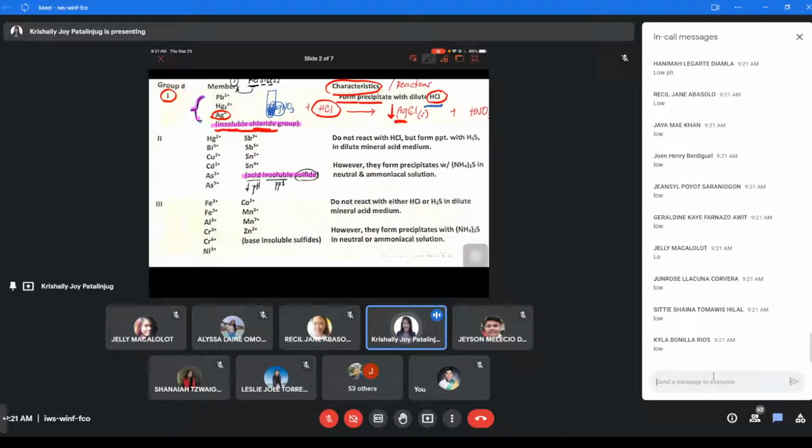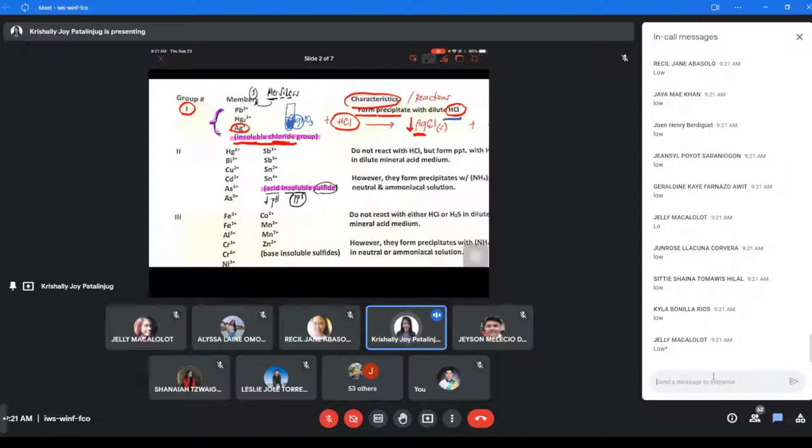They will form a precipitate in the presence of sulfide compound. Ano yung example ng sulfide compound? Halimbawa, the gas dihydrogen sulfide. So may sulfide, tama, sa compound niya. Another example is ammonium sulfide. Okay? May sulfide din.